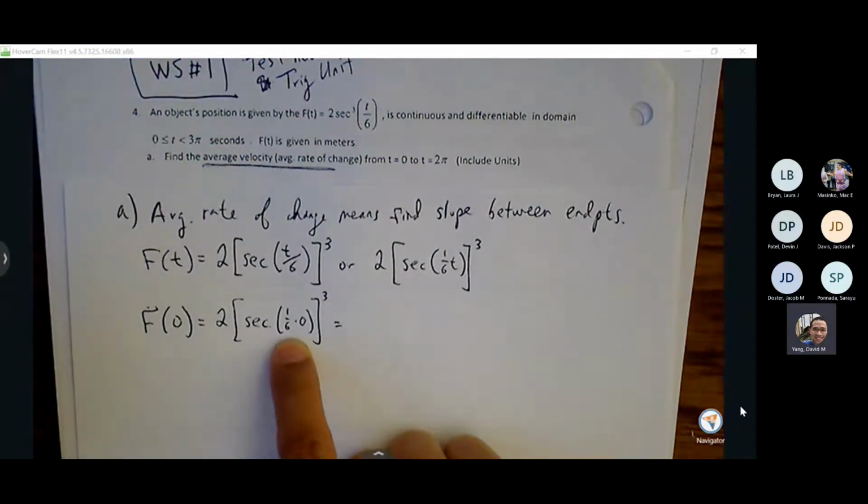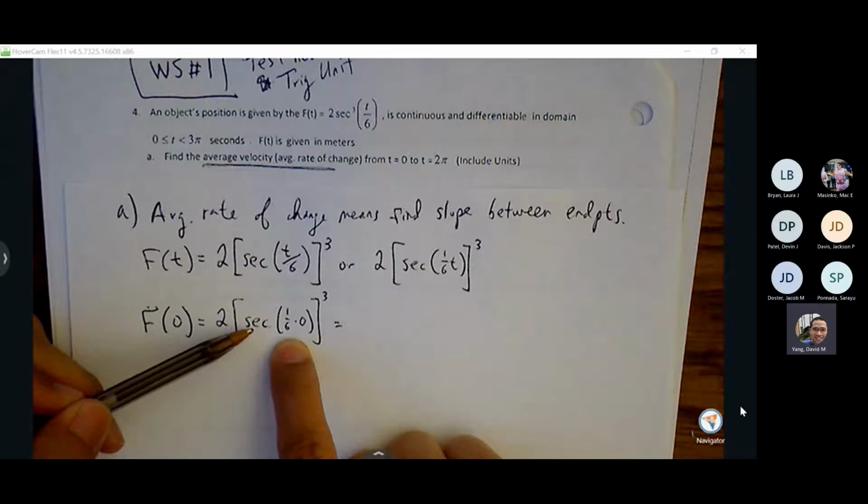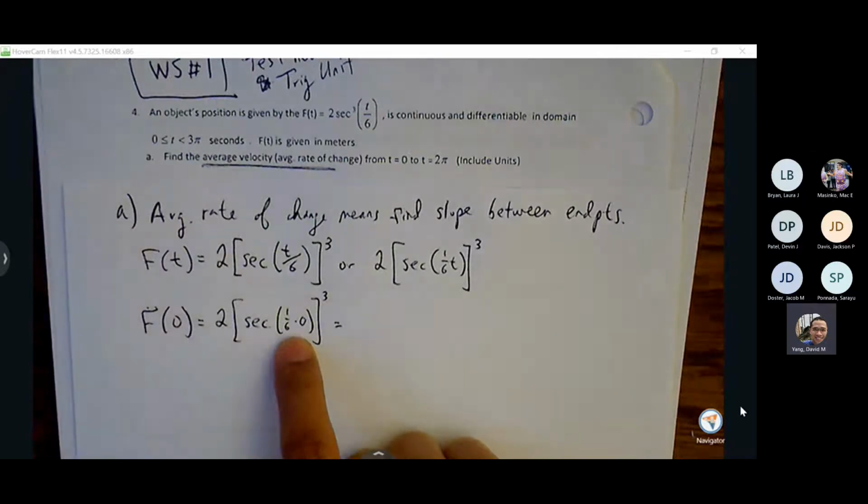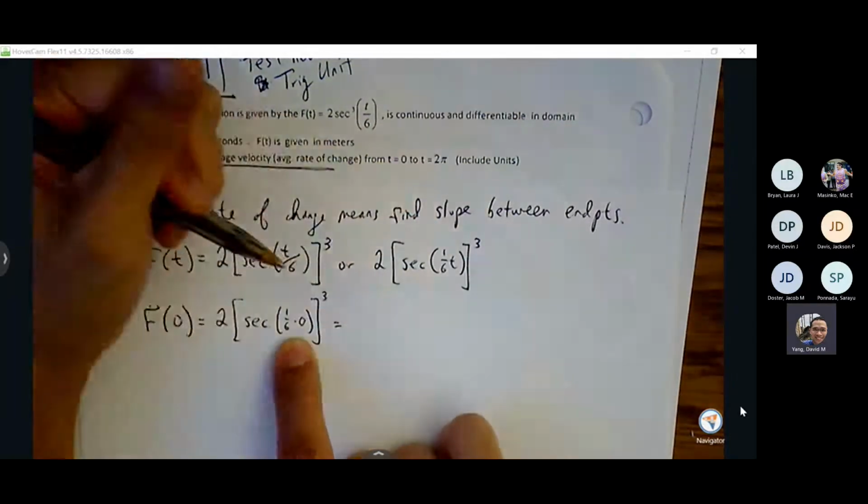Secant of 0, we know it's going to be the reciprocal of cosine of 0. Cosine of 0 is 1. If you flip 1, you still get 1. The secant of 0 is going to be 1.